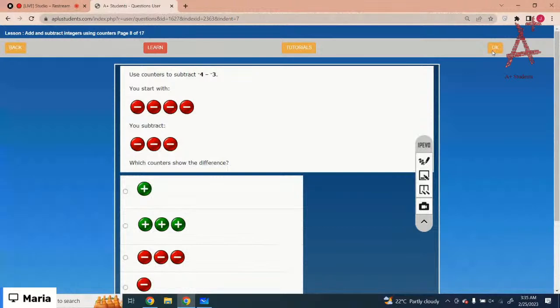Very good. Okay, the next one is -4 minus -3. The correct option is, the same counters cancel out each other and you are left with just one negative counter. So option number 4 is the correct option.